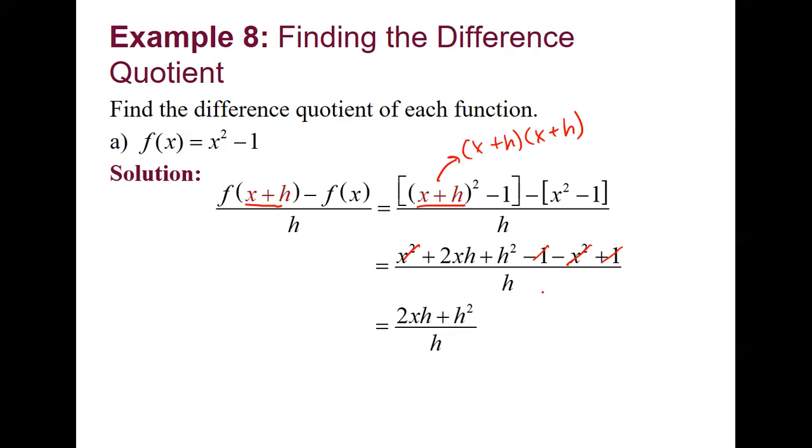Yes, I can do what to each term? I can eliminate an h from each term, right? Because they all have at least one h. So I can eliminate an h and I'm left with 2x plus h. So my difference quotient is 2x plus h.